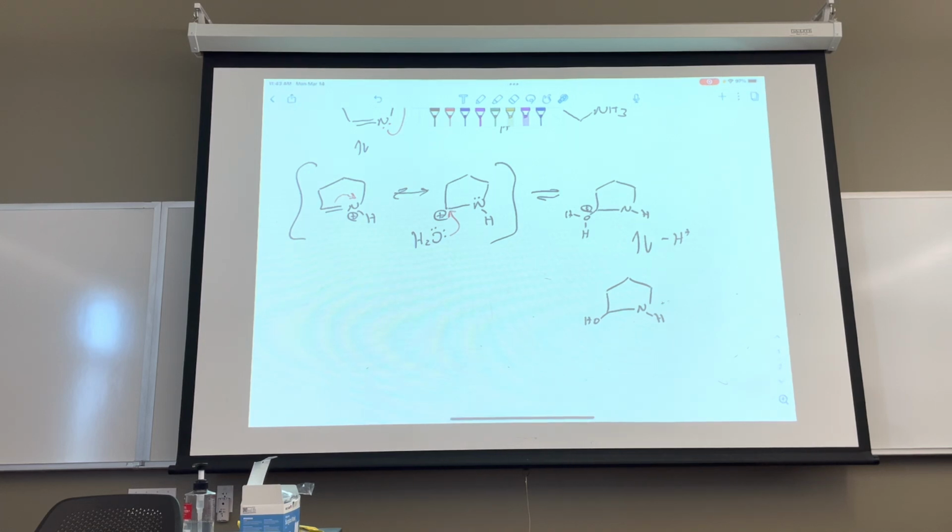Well, the nitrogen has its own pair back because you broke the bond. Yep, exactly. So maybe instead of protonating the oxygen, we could think about protonating the nitrogen.